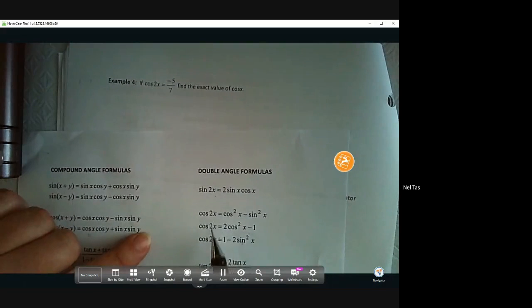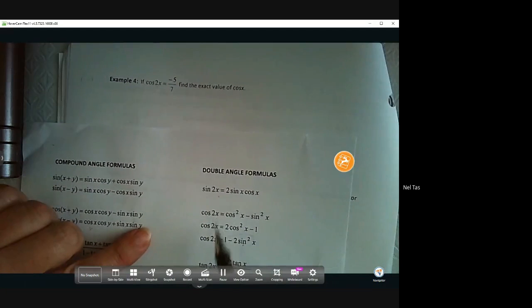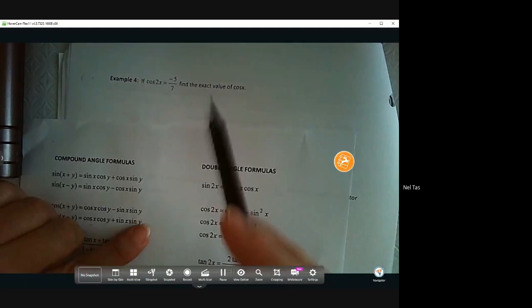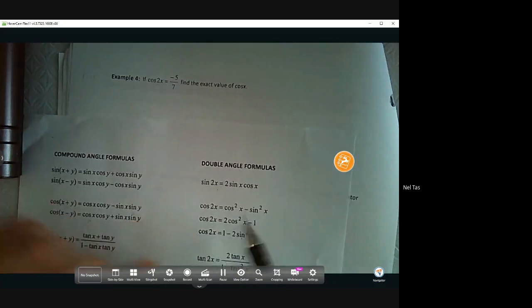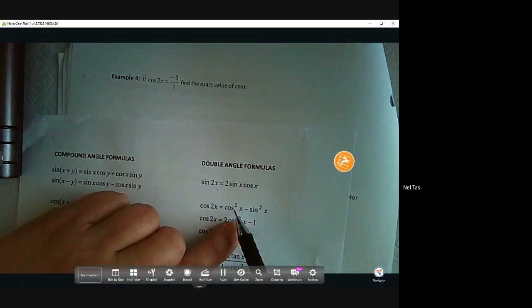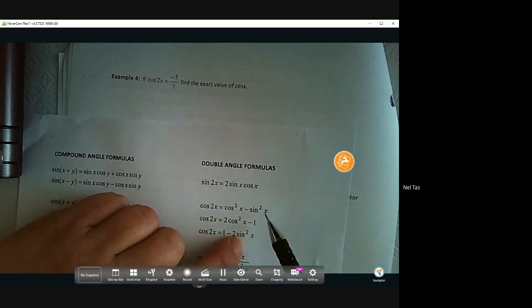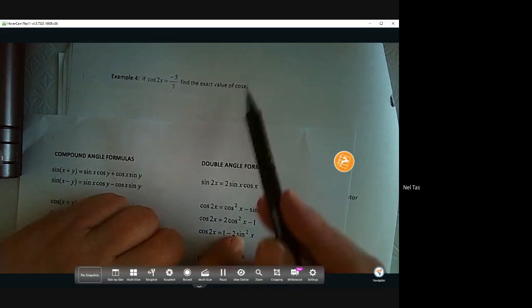So we need to pick a good formula that will help us for this question. If you pick the first formula, that depends on cos and sine. You know cos 2x, but you don't know cos x and you don't know sine x, and you are looking for cos x.